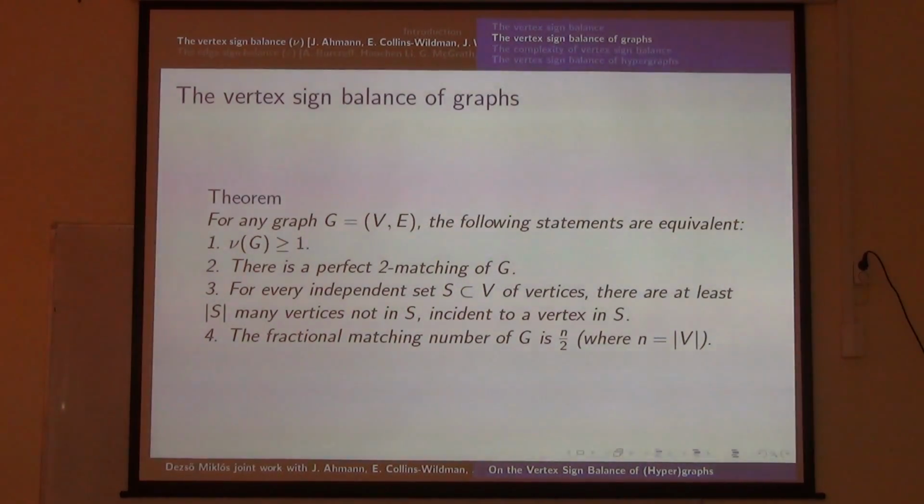So a perfect matching implies that the vertex sign balance is at least 1, but perfect matching is not possible in a graph with an odd number of vertices. Graphs with an odd number of vertices also have vertex sign balance at least 1, and it turned out that the existence of a perfect 2-matching is the equivalent statement.